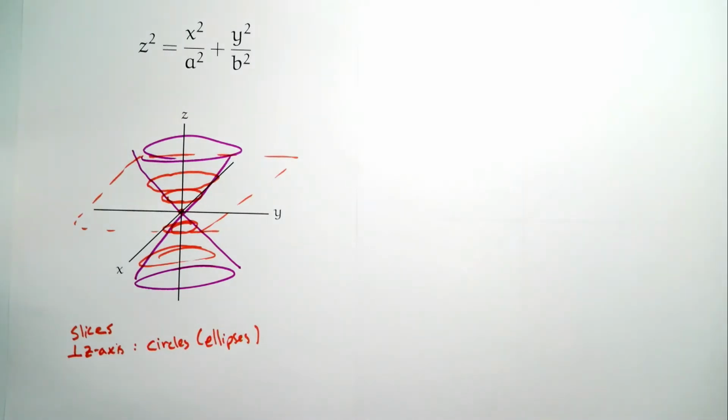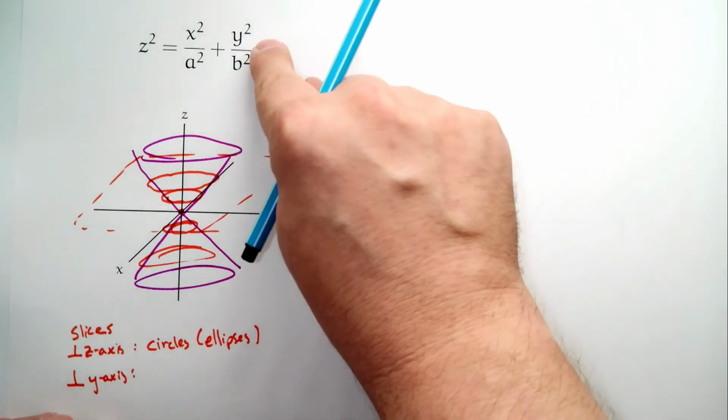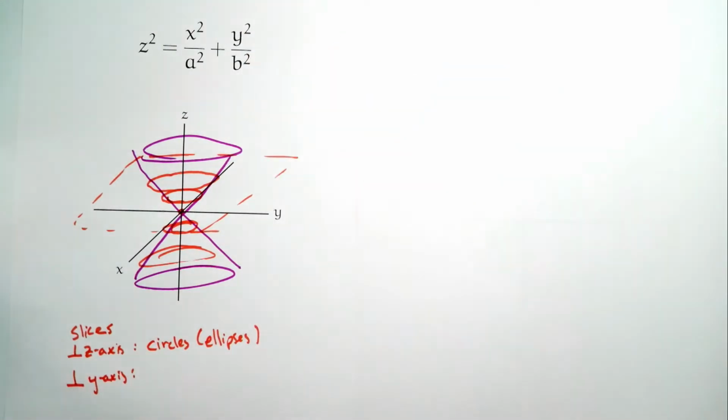Now, we could have sliced in a different way. Suppose I fix a slice, and let's say for a moment I go perpendicular to the y-axis. With the x-axis we'll still see the same behavior. If we take a slice there, what are we going to see? Well, suppose for a second I fix y equal 1. So when I say I'm perpendicular to the y-axis, it means I fixed a y value. So if I see something of the form z squared equals x squared plus 1, what kind of shape am I forming in my cross section?